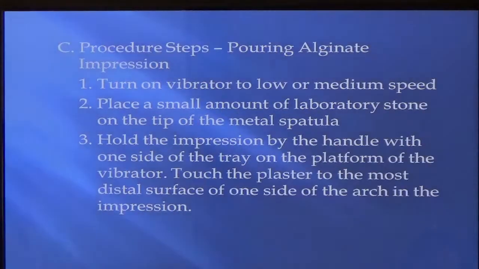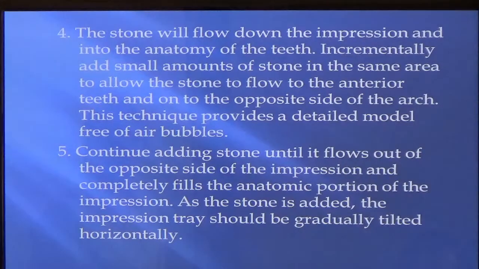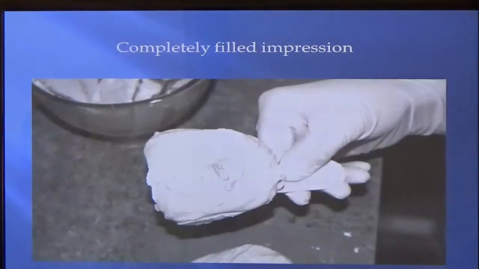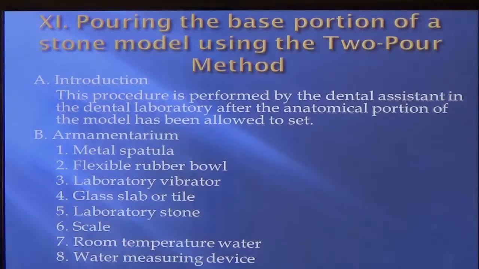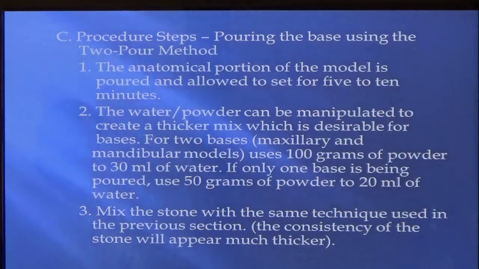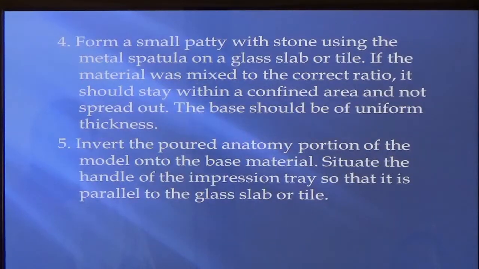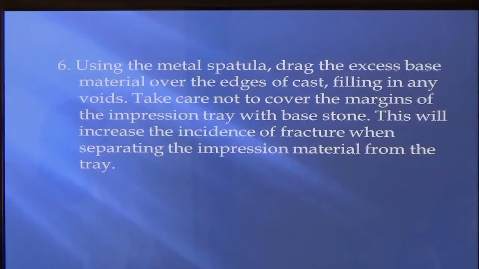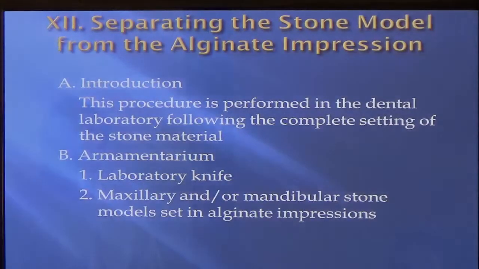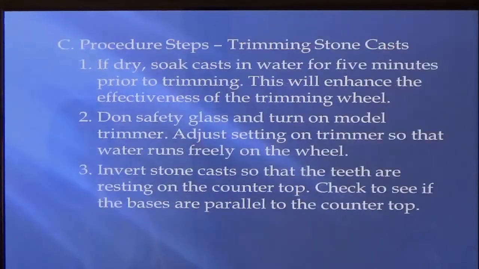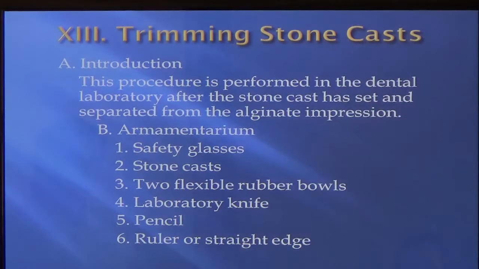Trying to see if there's anything on the test on it. Pouring the base too, he's going to go over that. Invert it. Separating the model. The trimming we won't do today. We'll trim the models that you pour up today. We'll trim when you do your bleaching trays.